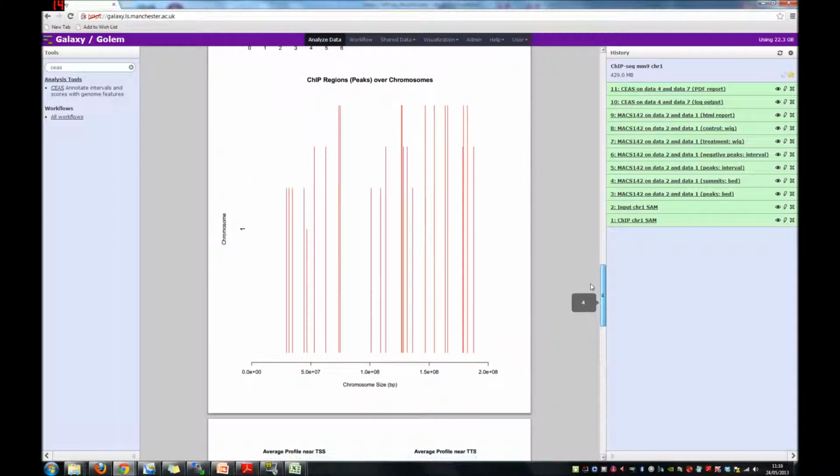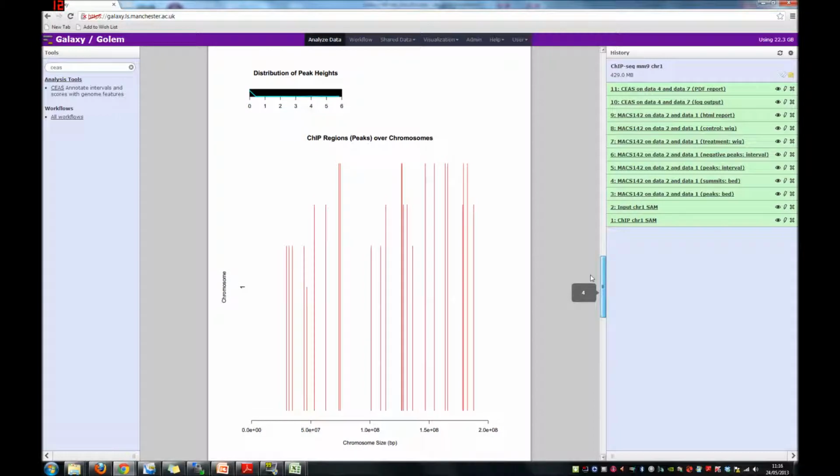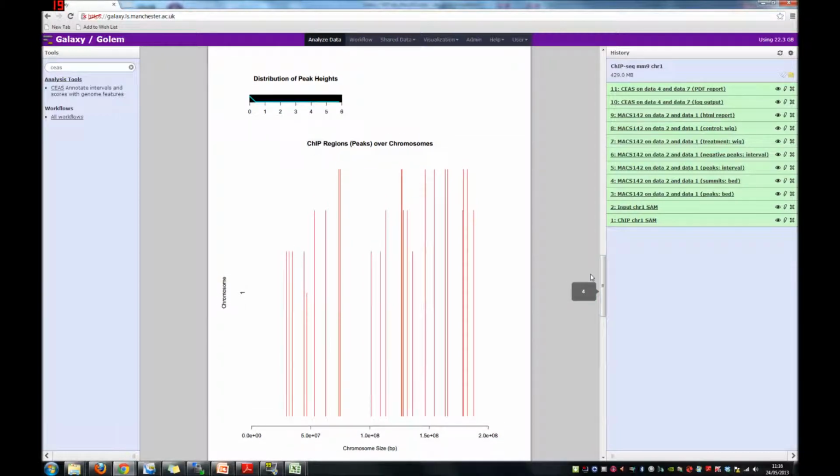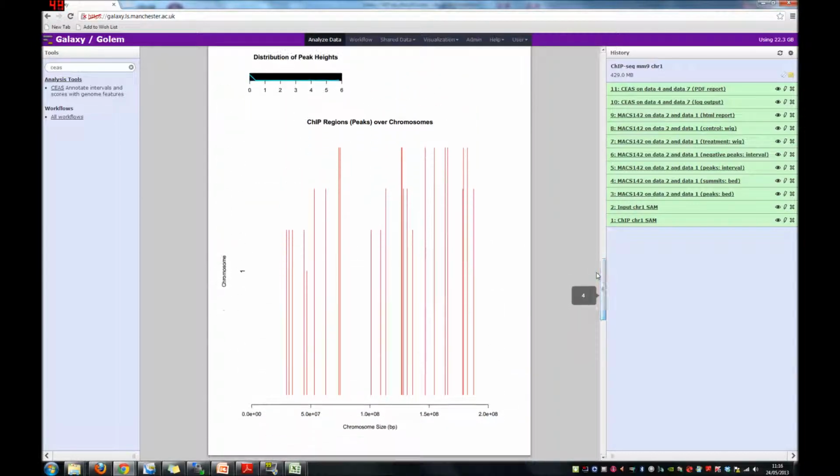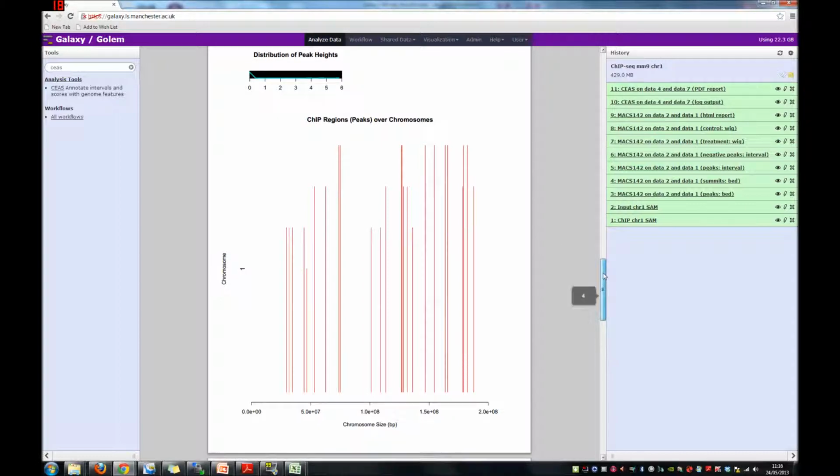And this shows you where the binding events are situated over, in this case, chromosome 1. Normally you'd get an output for all the chromosomes. It gives you an indication of the strength of binding in terms of the number of non-redundant fragments in those binding region areas.